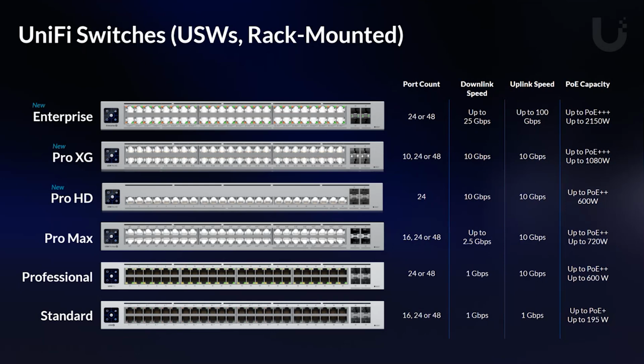An Enterprise Campus Switch, or ECS Aggregation, might be a good aggregation switch with all 25 gig ports to connect to all your downstream access switches or aggregation switches at different cabinets. You can really facilitate whatever scale you need. The Pro XG is also a brand new switch we just announced that goes really well with the XG access point.